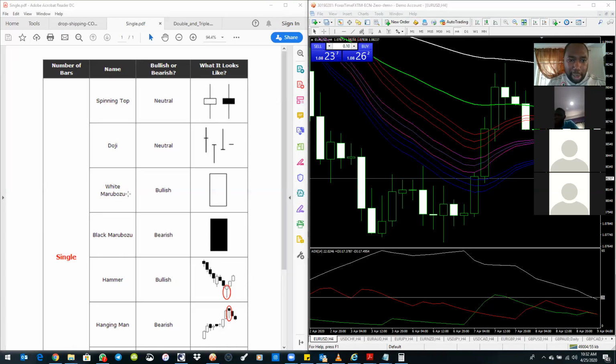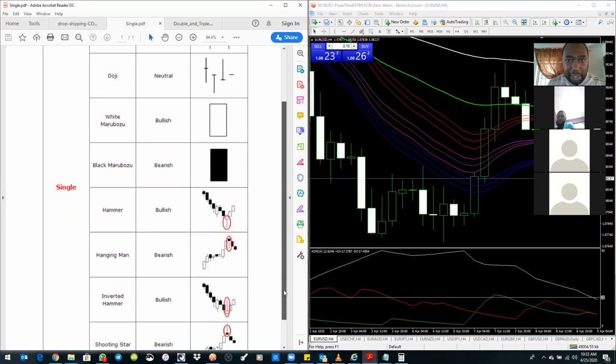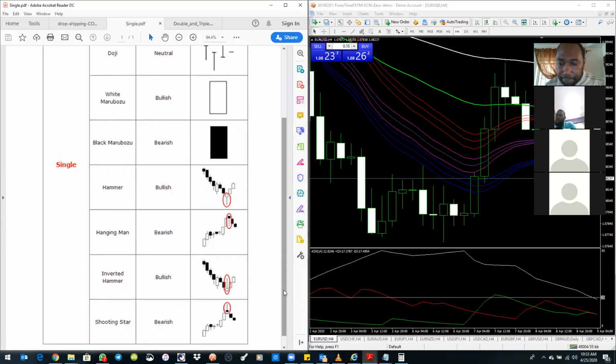Now we have the white Marubozu and the black Marubozu, which is basically what you have here. It's pretty much a bullish and a bearish candle. Then we have a variant of the doji, which is the hammer.